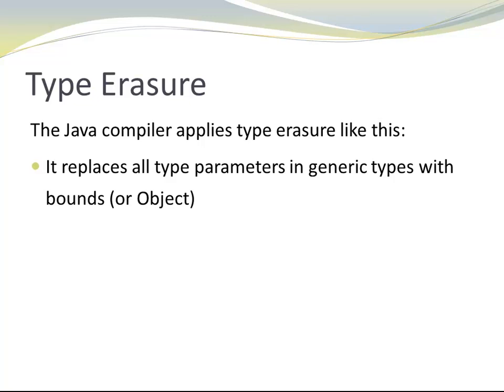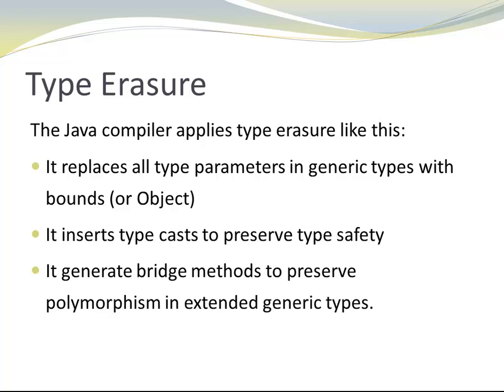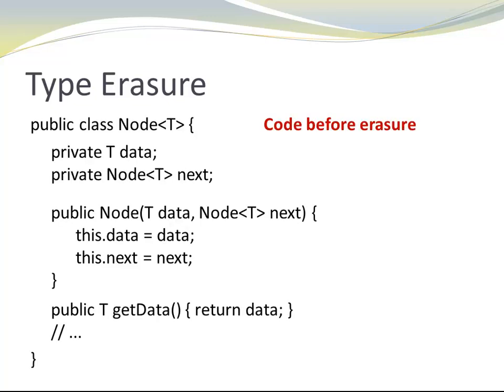First, it replaces all type parameters in generic types with the bounds, the upper or lower bound. If no bound was specified, it replaces the type with class Object. It inserts casts to preserve type safety. And it generates bridge methods to preserve polymorphism in extended generic types.